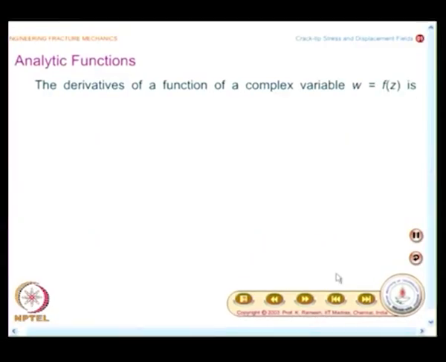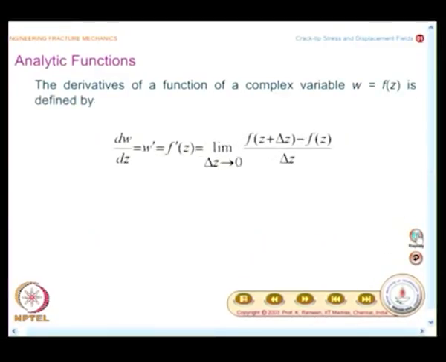How people get the stress function is a very challenging aspect. See, before we take up the issue of developing crack tip stress and displacement fields, I said analytic functions are used to coin the stress function in fracture mechanics.